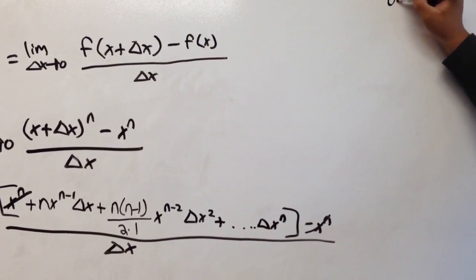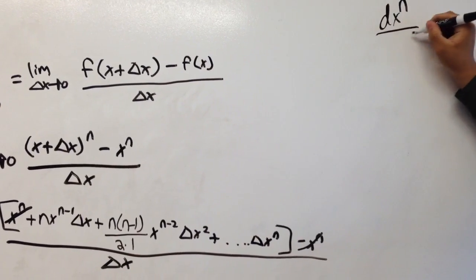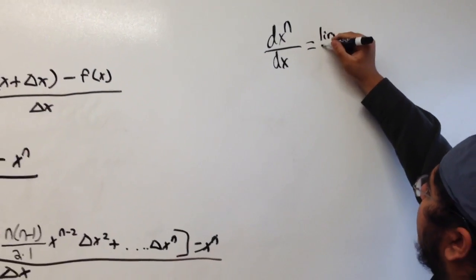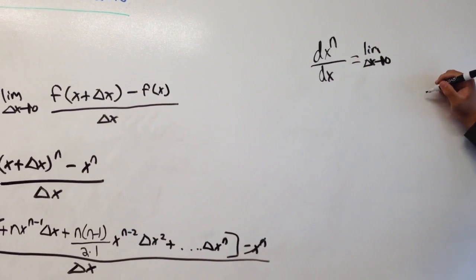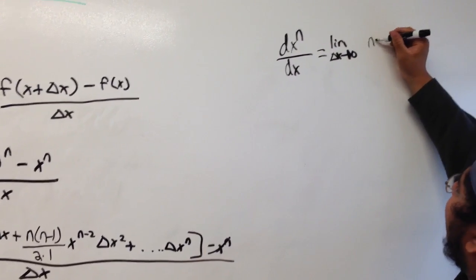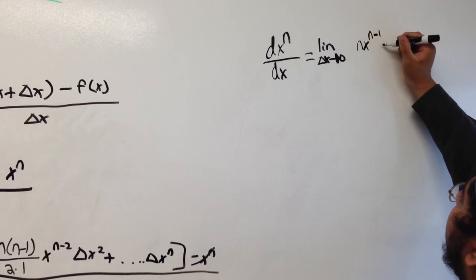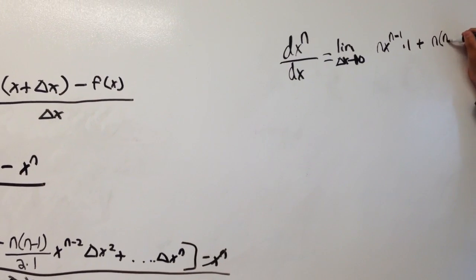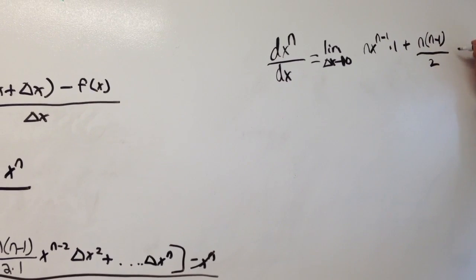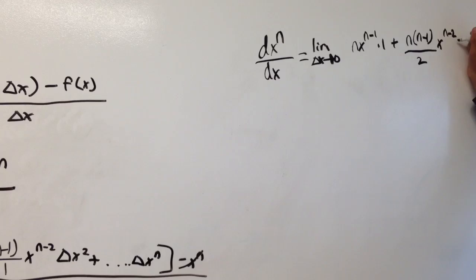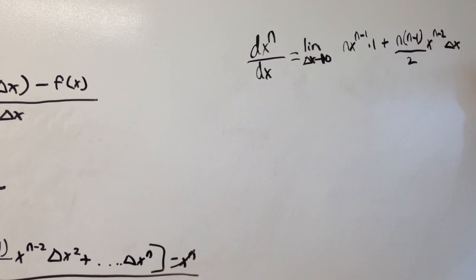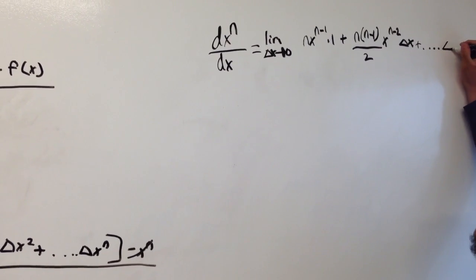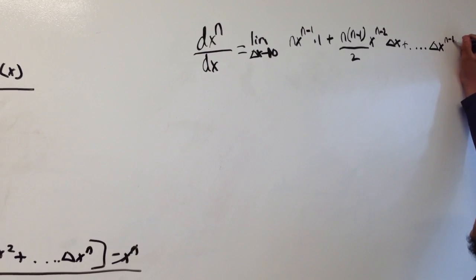We write the derivative of x to the n with respect to x being equal to, for the limit of delta x approaching 0, nx to the n minus 1 times 1 plus n times n minus 1 over 2 times x to the n minus 2 times delta x plus many more terms of delta x increasing in power, the last term being delta x to the power of n minus 1.